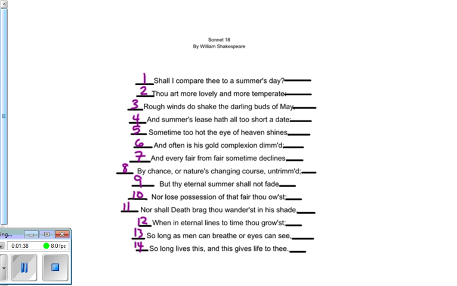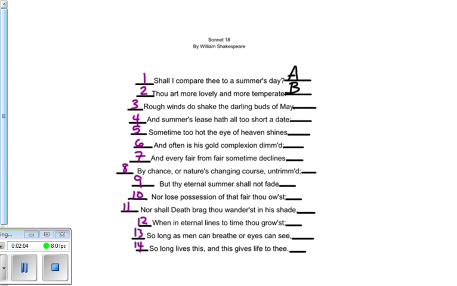So let's practice this. The first line ends with the word day. Day does not rhyme with temperate. So we're going to give the first line a letter A, and we're going to give the second line a letter B because they don't match. Line 3 is May. May and day rhyme.